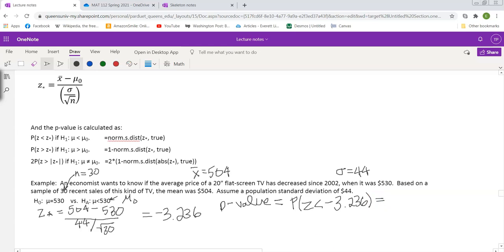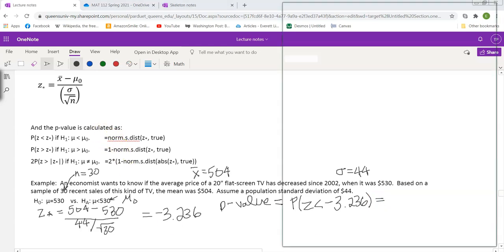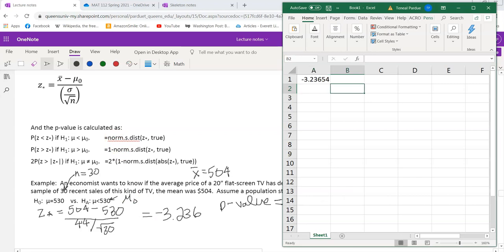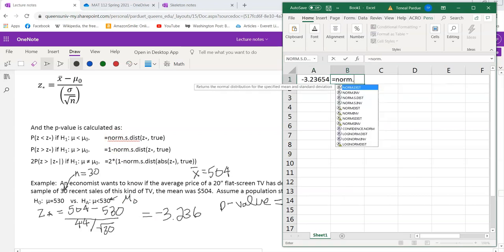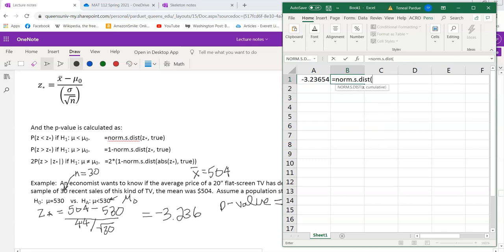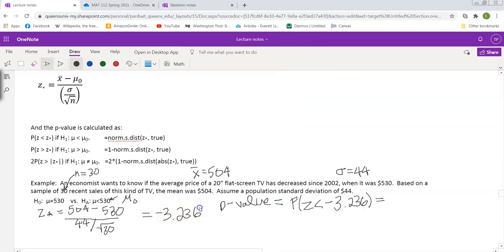And in Excel, that means we're going to do NORM.S.DIST of that value, and I should have put negative 3.2365, so I would consider this a rounding error. If I was going to round that to 3 decimal places, that should have been a 7, but I'll just add another decimal place instead.